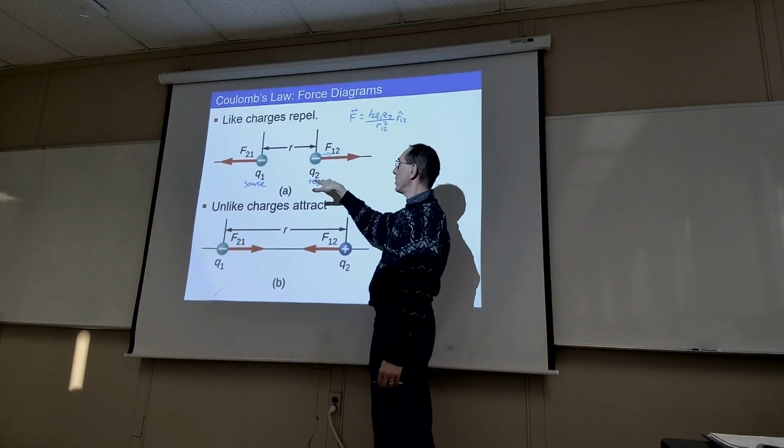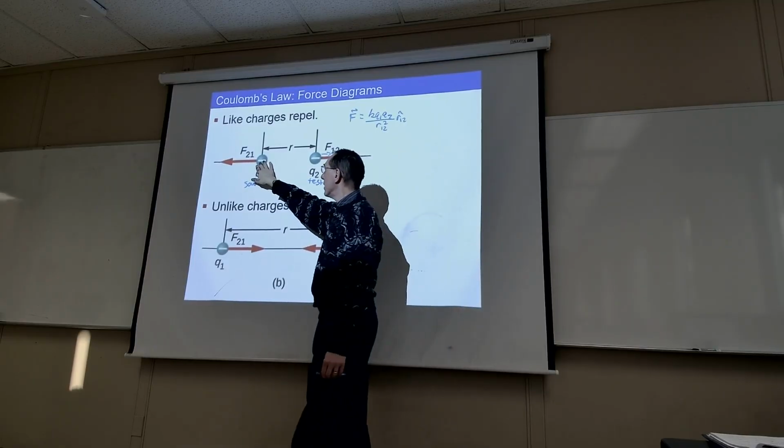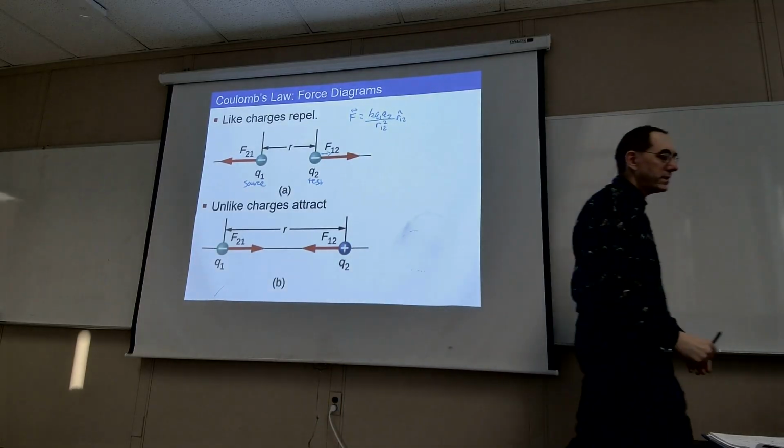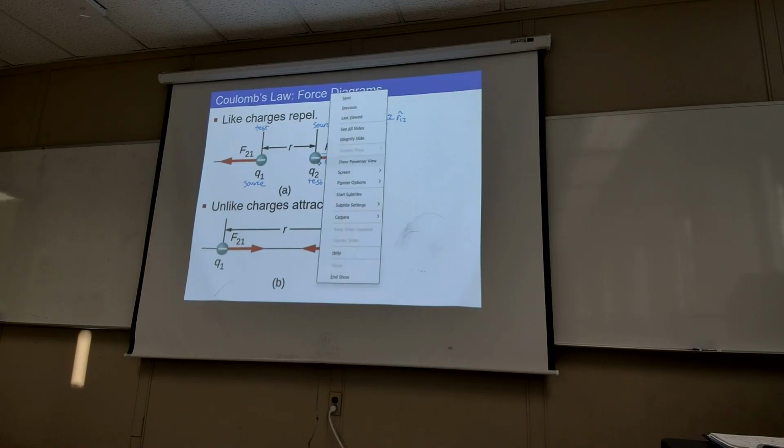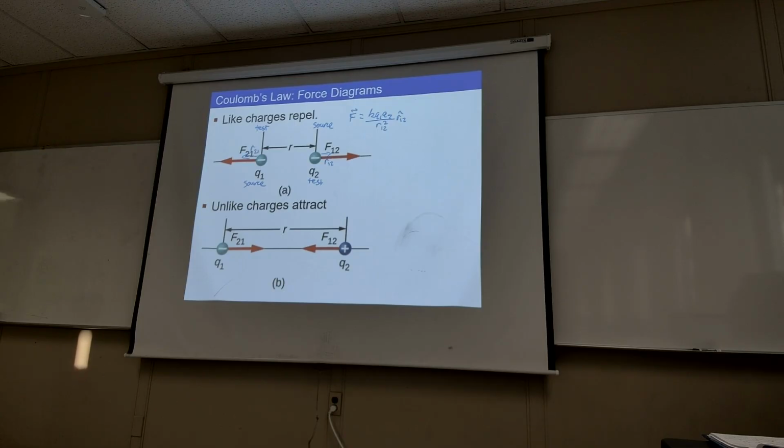Similarly over here, now we switch places. If I want to calculate the force on charge 1, this is now my source charge and this is my test charge. Now my radial unit vector points from the source to the test, this way, R21.